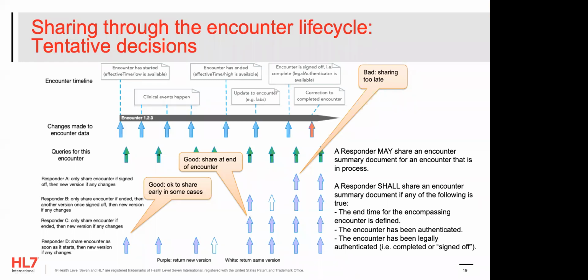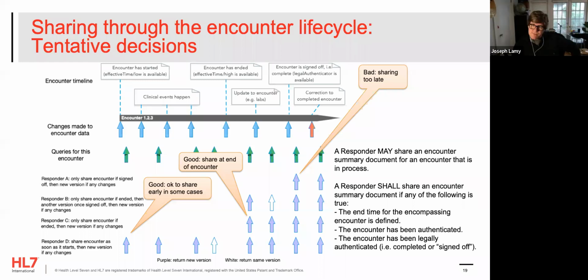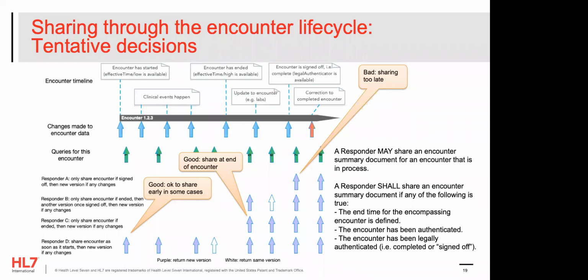Go ahead, David. Is there an administrative use case for a longer term stay that requires an in-process encounter to be returned? So I'm thinking of interim billing scenarios where patients are in the hospital more than 30 days. I don't know if this is a real thing or not, but certainly from a claims perspective, a claim would get generated even though that encounter is not done.